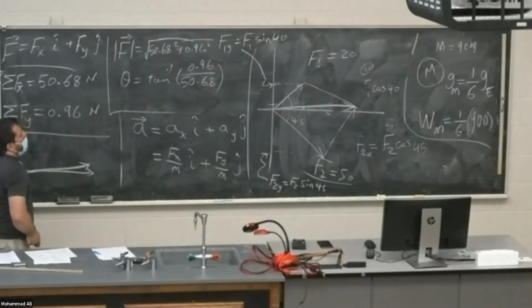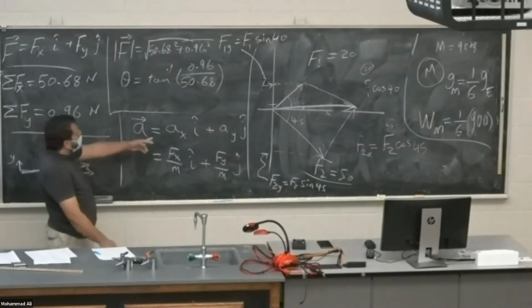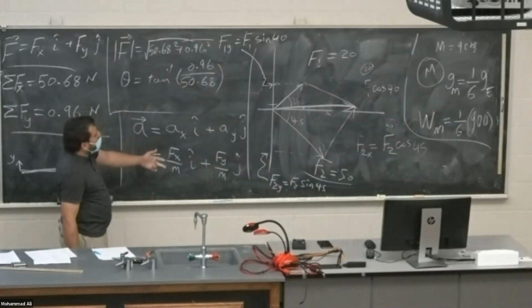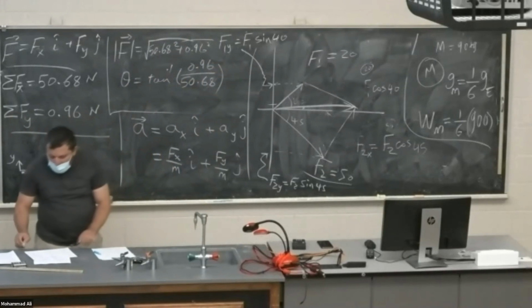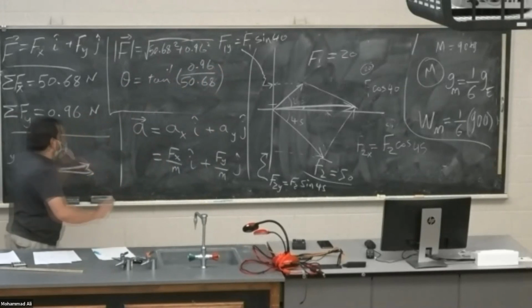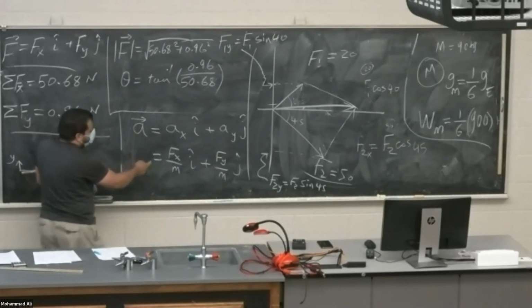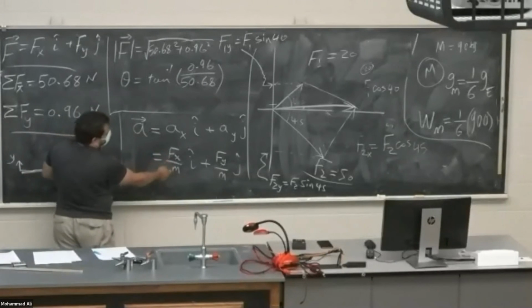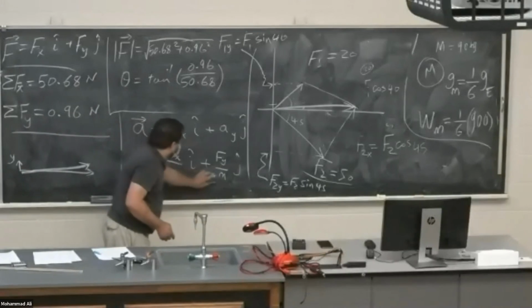Okay, what about the acceleration? I'm asking about the acceleration from the beginning. It is simple. The mass, how much is the mass? The mass is 50. The acceleration is the force component over 50. So this is over 50 and this is over 50.